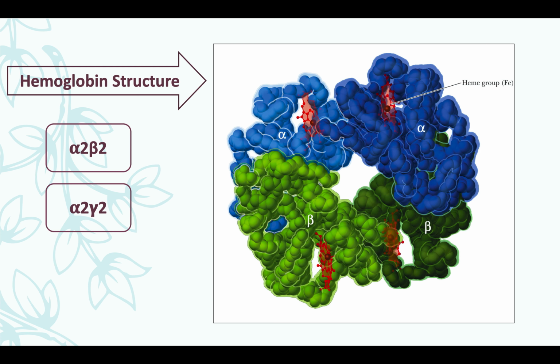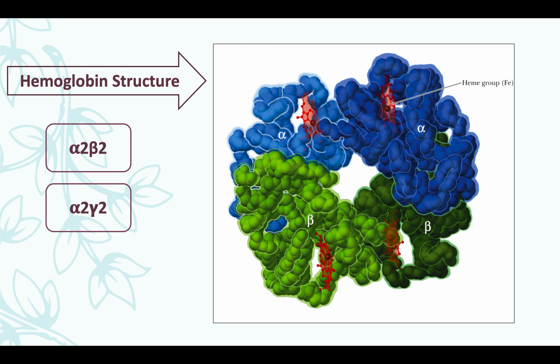The difference between the fetal hemoglobin and the adult alpha 2 beta 2 is that the former binds to oxygen more strongly, allowing the transfer of oxygen from mother to fetus. Later you'll see that adult hemoglobin has lesser affinity with oxygen.